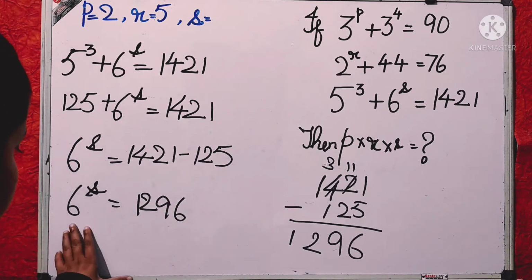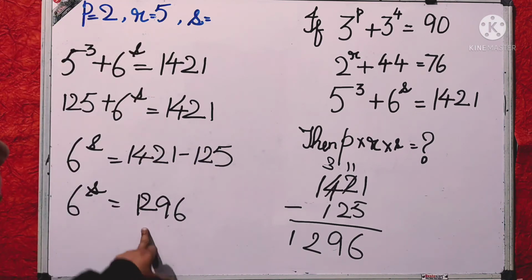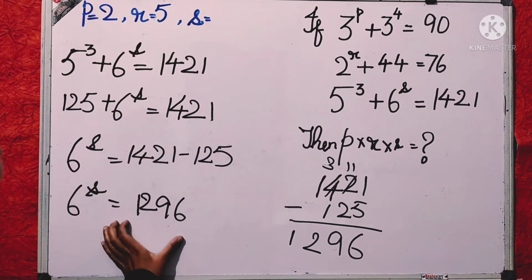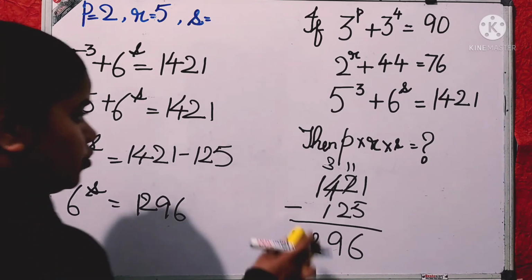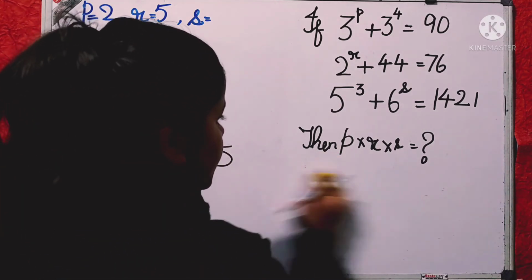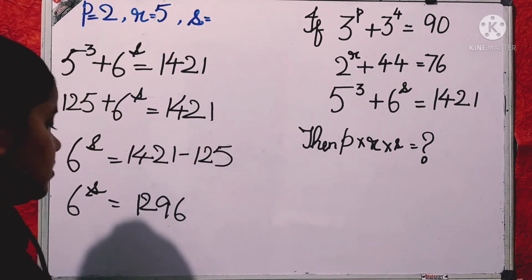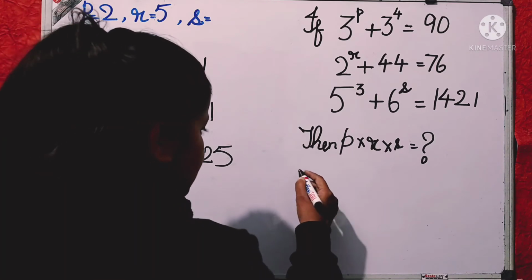Now as you can see here, the base is 6. So I have to arrange this number in such a way that I can write it in terms of the multiple of 6. So how to do it? The best way is, let us find the factors by using the prime factorization process.